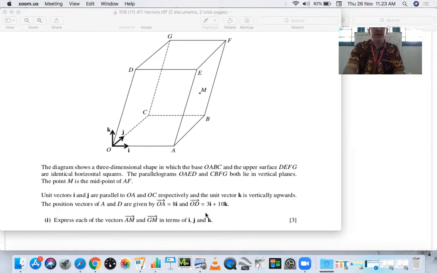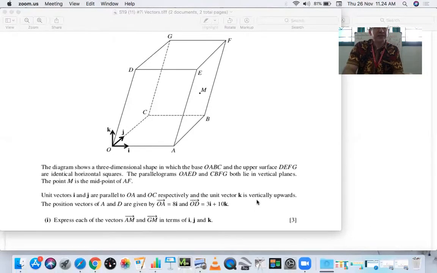As far as lengths, OD is 3I plus 10K. So 3I plus 10K means our vertical height goes up to 10. It's also leaning, so it leans in 3 units, but the height is 10.